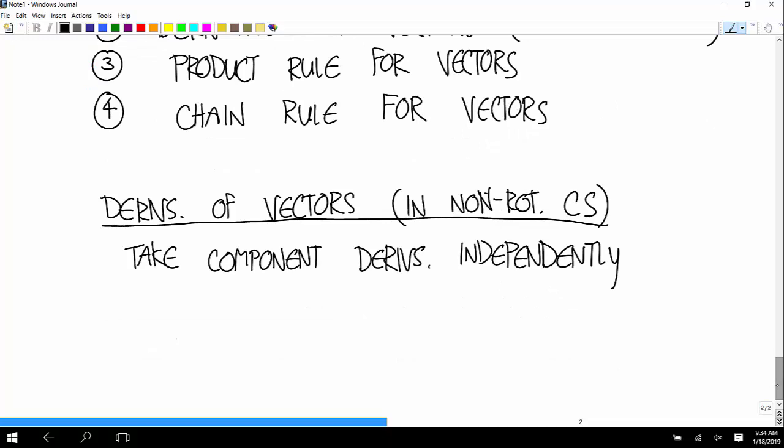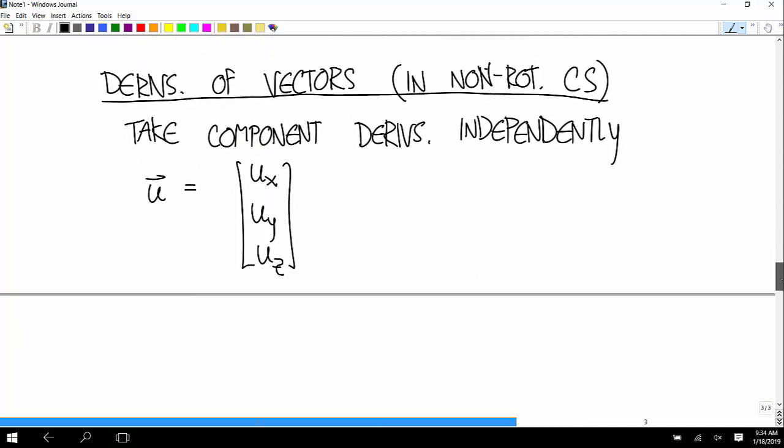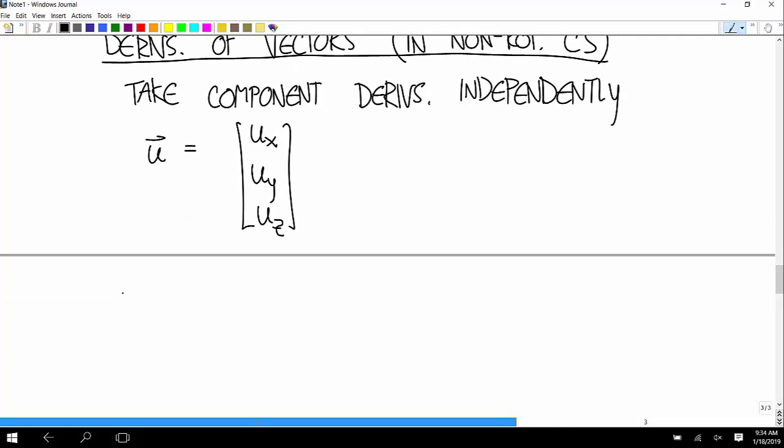Okay, so let's say that we have a vector u that's equal to, the components are ux, uy, uz. Then to take the derivative of u, that's just the derivative of the x component, derivative of the y component, derivative of the z component.